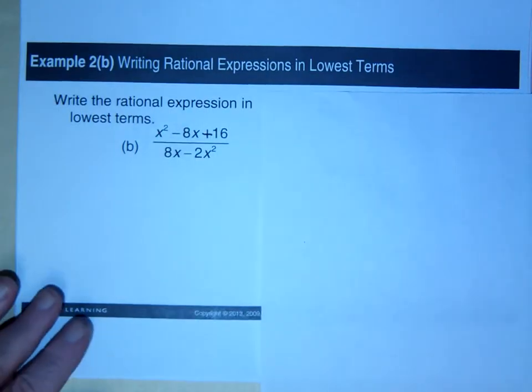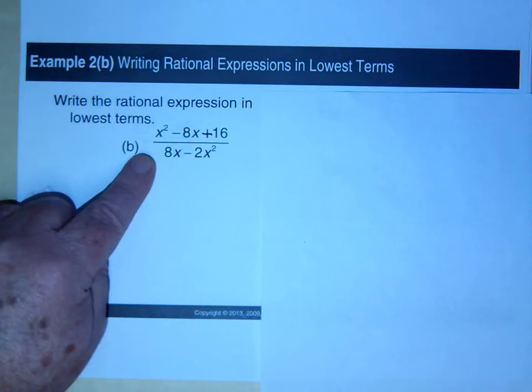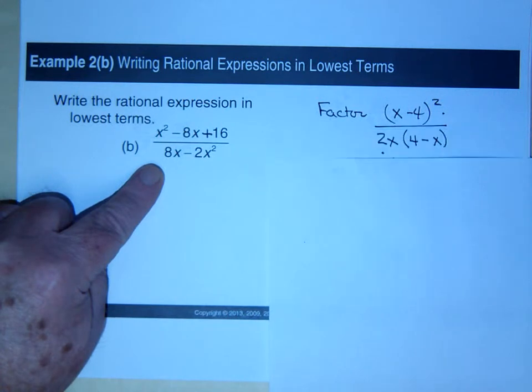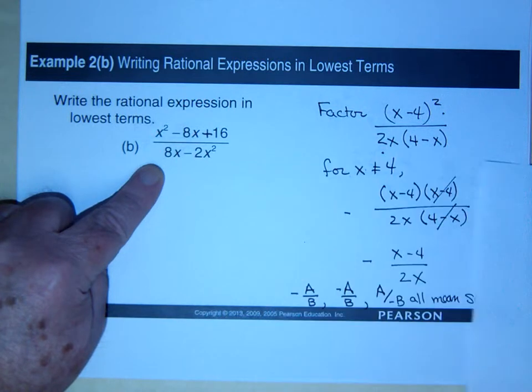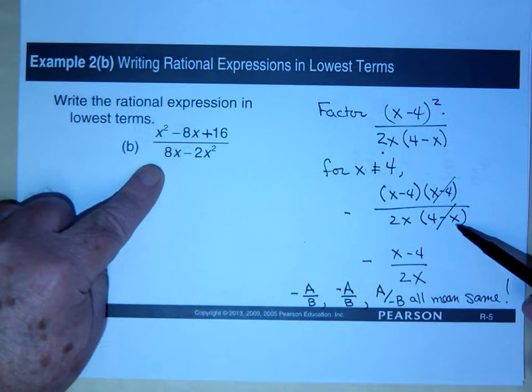So the final answer is 6x over 2x plus 5. We will do the same thing with this one. Again, we will factor everything. We will factor the numerator and the denominator. The numerator will factor into x minus 4 squared, and the denominator will factor into, we'll factor 2x out of that, times 4 minus x. And so for x not equal to 4, we can cancel x minus 4 with 4 minus x.